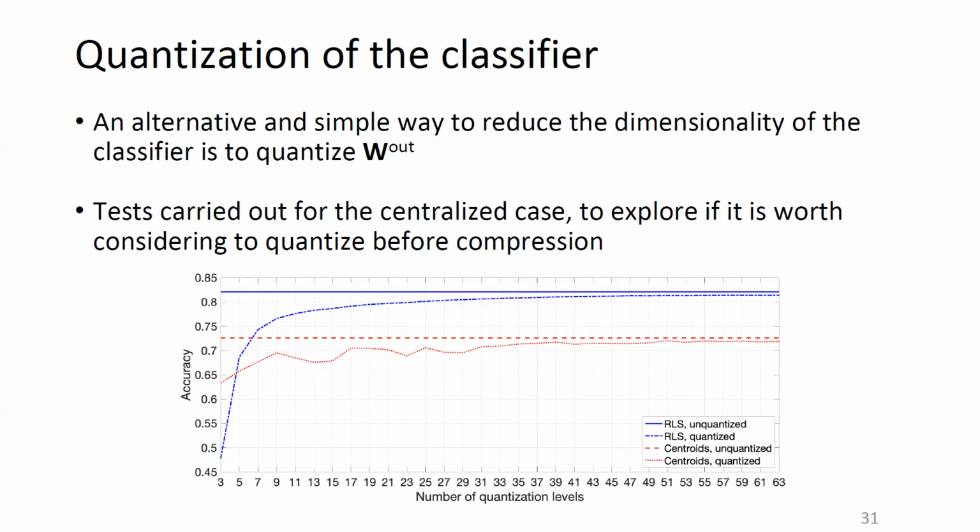What we can see is that when the W out of the RLS classifier was quantized to very few levels, around 3 and 5, the accuracy was affected significantly. But it is also clear that with an increased number of quantization levels, the accuracy for both classifiers started to reach their unquantized baseline. This is true both for the RLS and for the centroids.